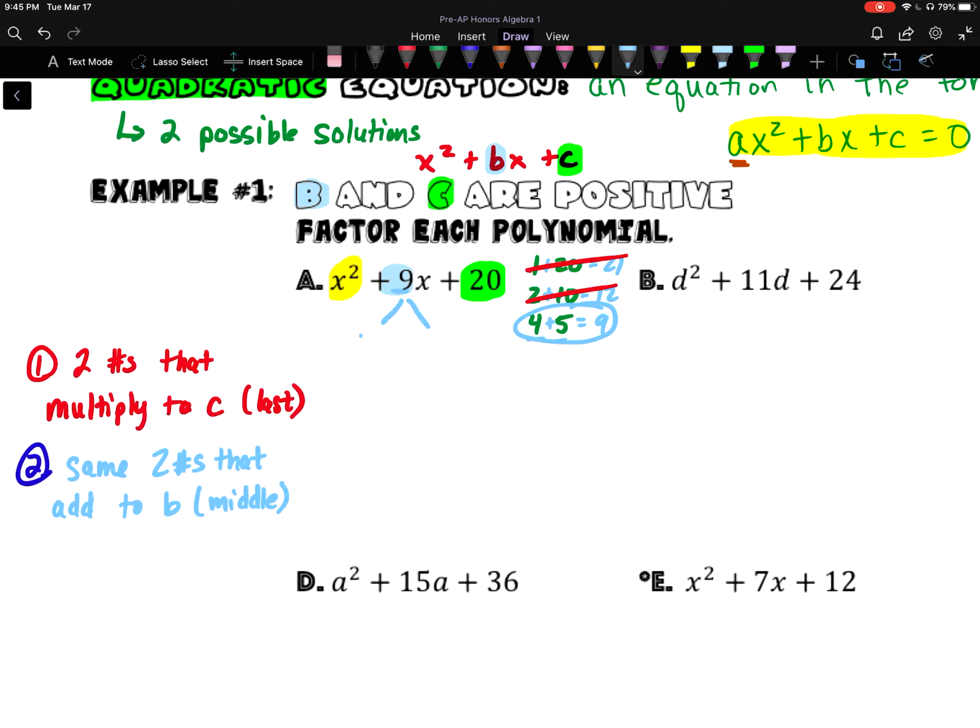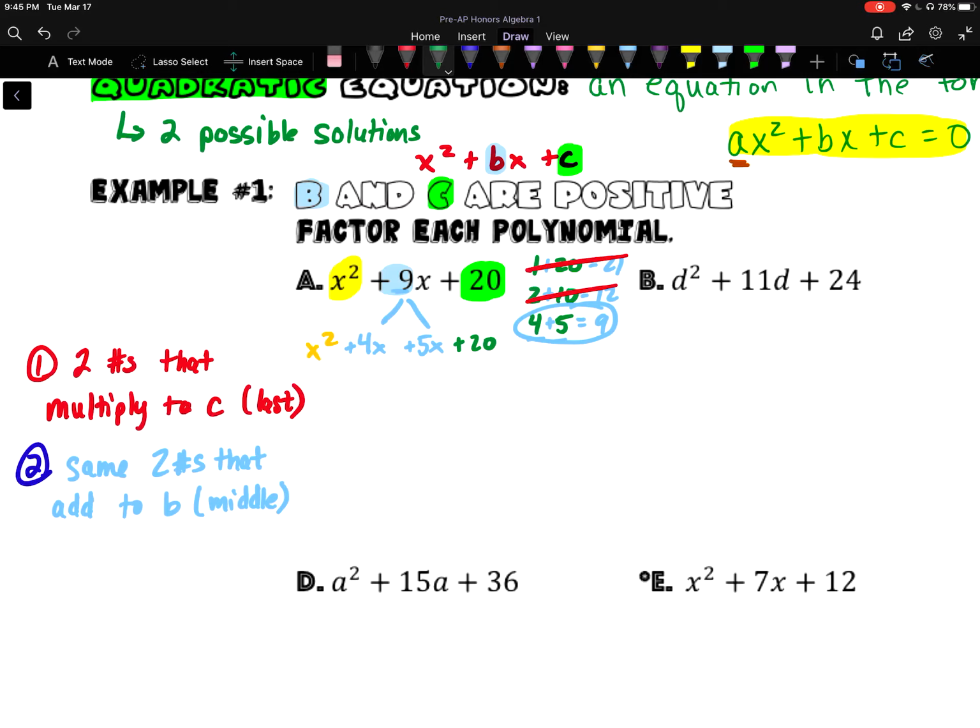So this can be rewritten as 4x, and this can be written as 5x. Those are both positive, by the way. If I bring down my x squared and I bring down my plus 20 at the end, notice I have now, instead of a trinomial, a polynomial of 4 terms where I can combine like terms with 4x and 5x.